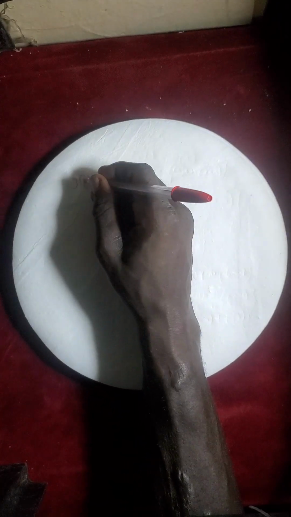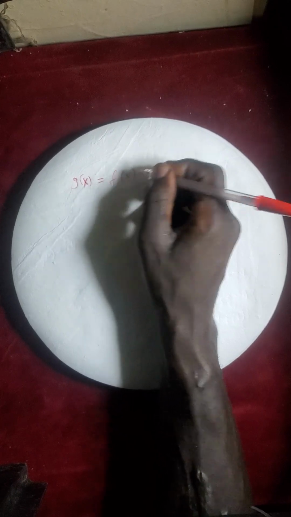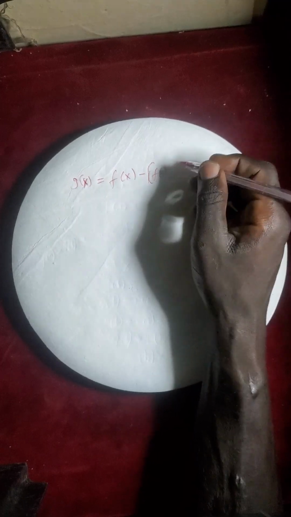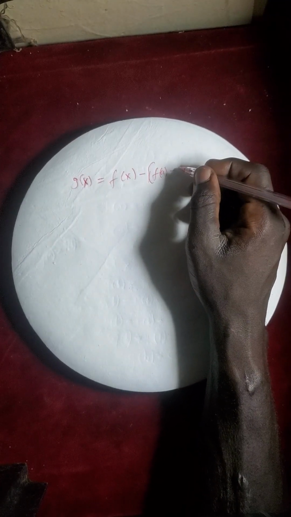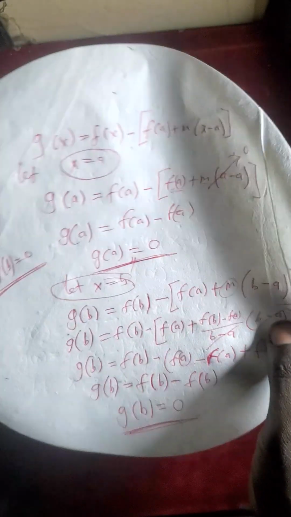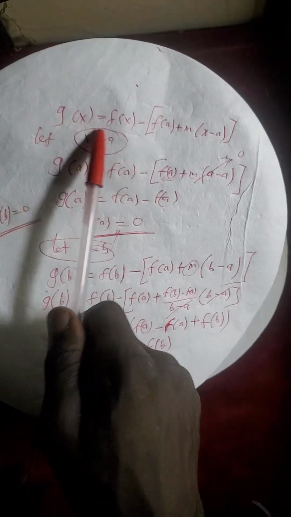Which long one? g of x equals f of x minus f of a, minus, there was a plus. Let me just refer to the original.